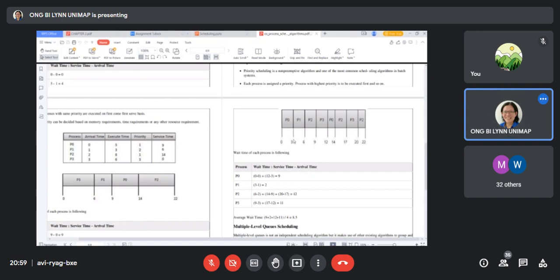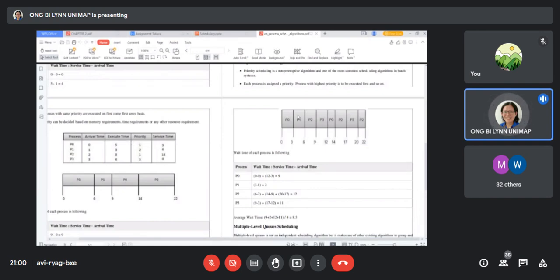Then after P0 finishes, the same thing happens as when you go into the shopping complex. You have P1 come in. So maksudnya P1 akan dijalankan dulu. Tetapi dia tidak akan jalan habis untuk P1 sebab P1 3 unit aja.